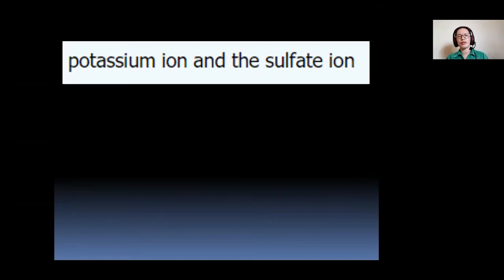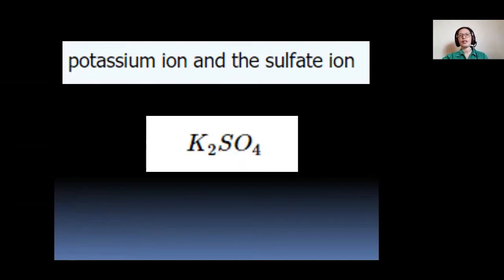When you crisscross it, what is the formula of the compound? Okay, so this is K2SO4. The 2 came from the sulfate ion's charge, and since potassium is positive 1, there will be no subscript after the SO4, so no need to put parentheses.